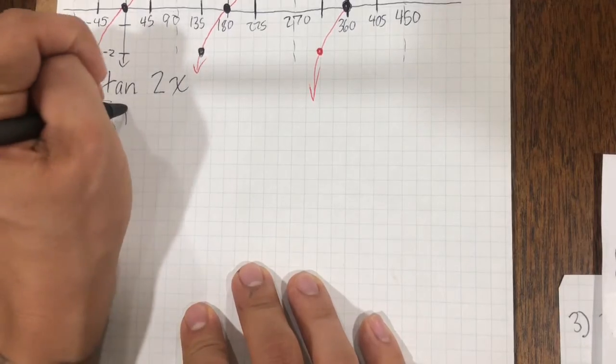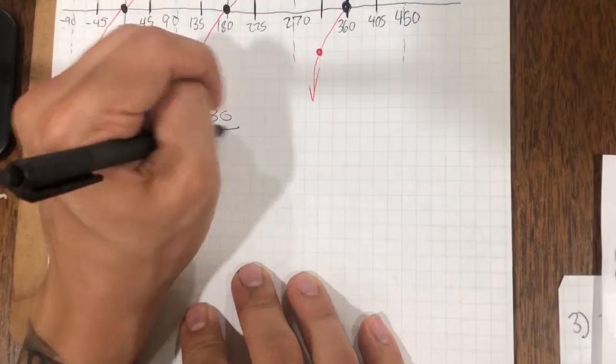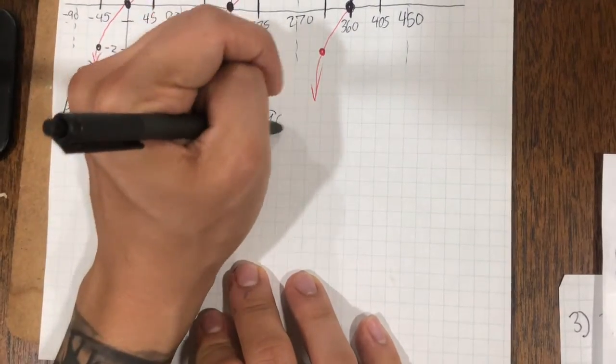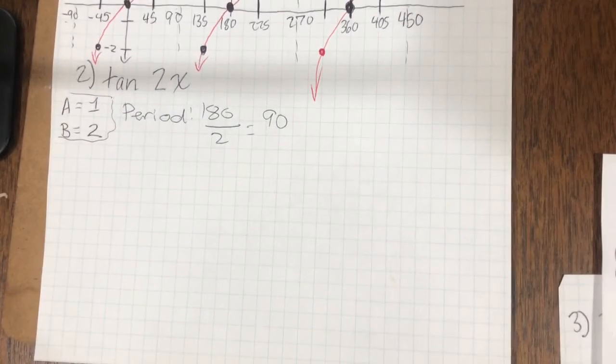So we have the period, which is 180, divide that by B, which is 2. So then I get 90. So that means that in between two asymptotes, there's gonna be a full 90-degree rotation. That means that from one asymptote to the next is gonna be 90 degrees in total.